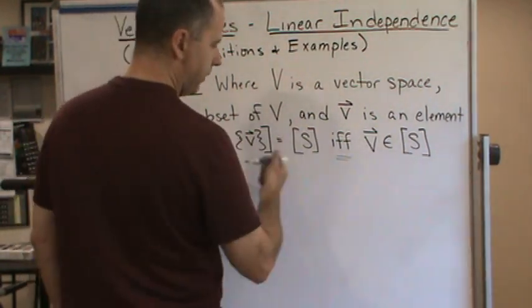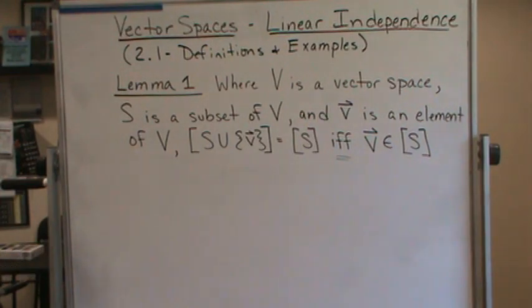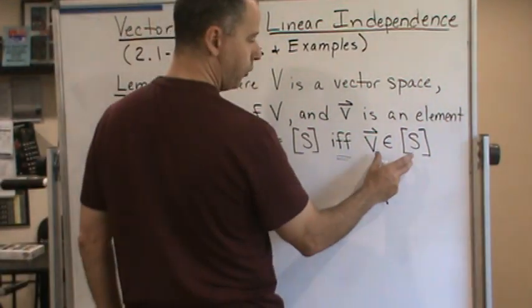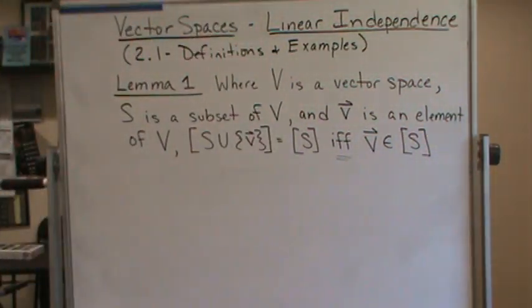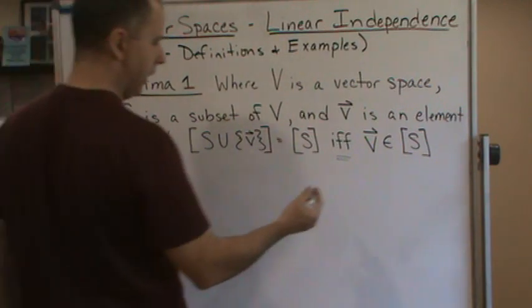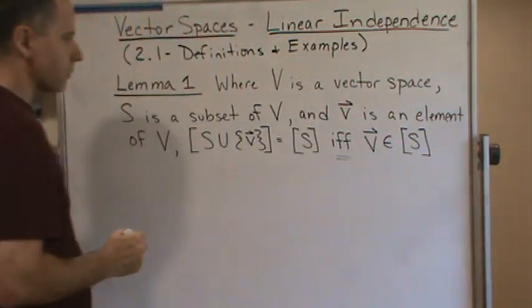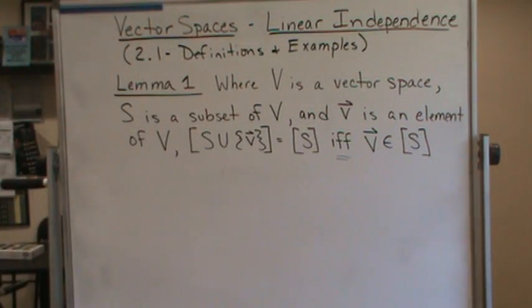Now going this way is easy because we can use proof by contrapositive, and it's actually kind of cool because this direction is immediate when we use contrapositivity.